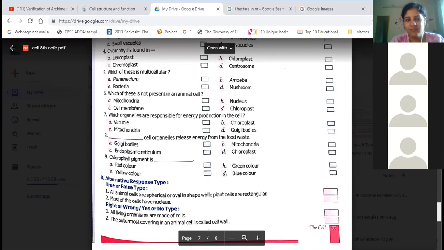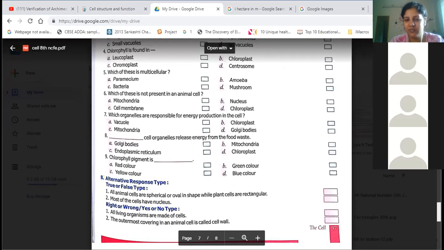Energy is completely associated with mitochondria only. Chlorophyll pigment is green in color. Very good.